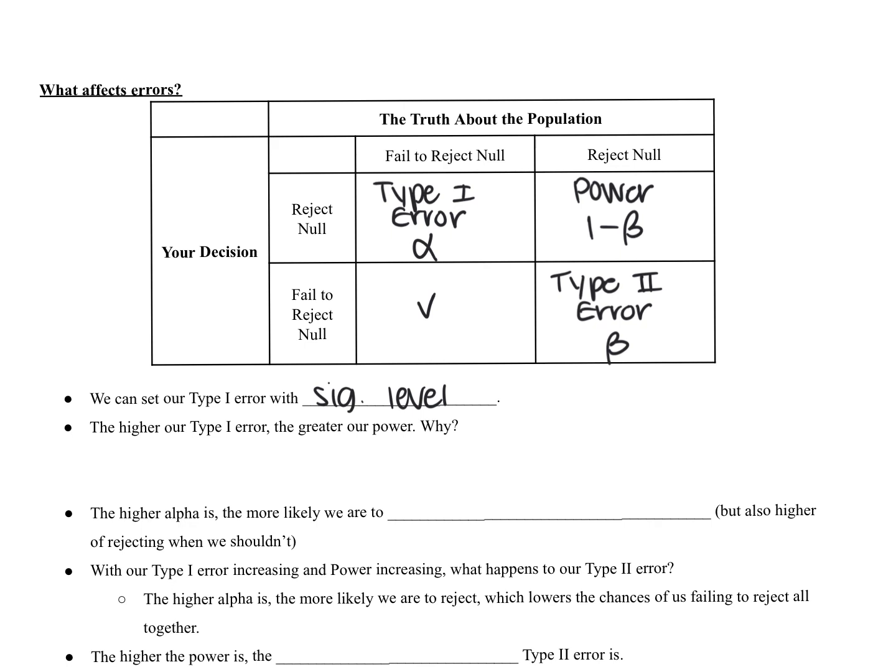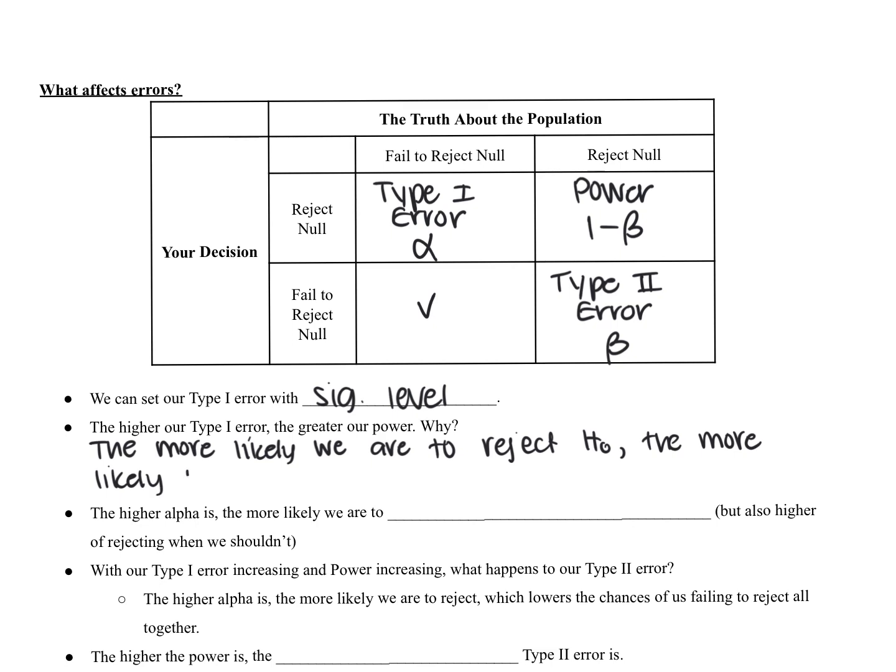The reason that happens is the more likely we are to reject the null hypothesis, the more likely we are going to do it correctly.